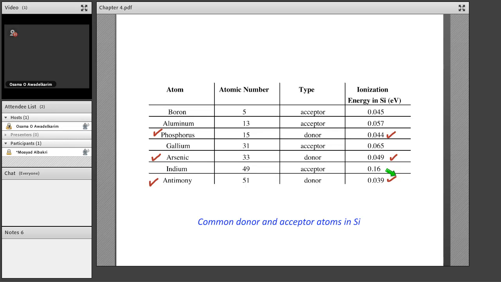So this is very, very little energy that we need to excite the electron and become a free electron. These are examples of donor atoms. These ionization energies are the energies in silicon when we put these dopants, or these group 5 elements, in silicon.